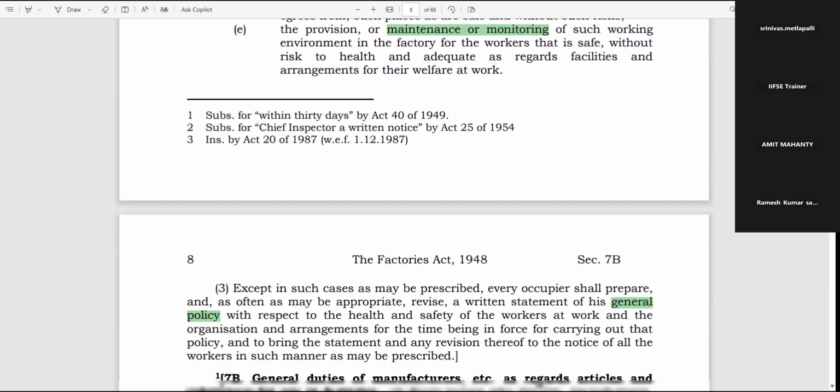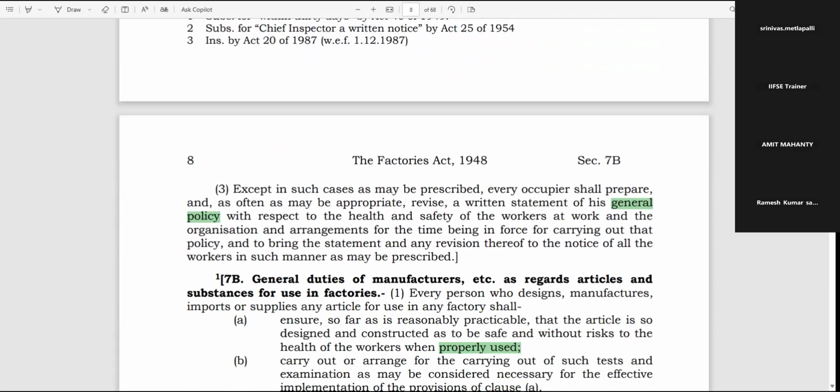So, except in such cases as may be prescribed, every occupier shall prepare and, as often as may be appropriate, revise a written statement of his general policy with respect to health and safety.